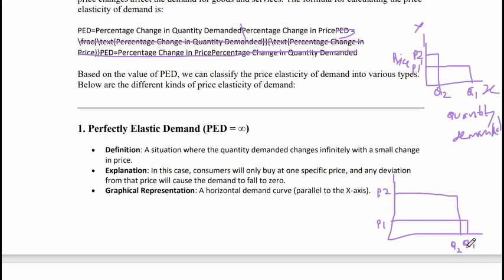The quantity demanded is inelastic because the movement of quantity has not changed much compared to the price. So the first graph is more elastic, and the second is inelastic as far as the price has changed.